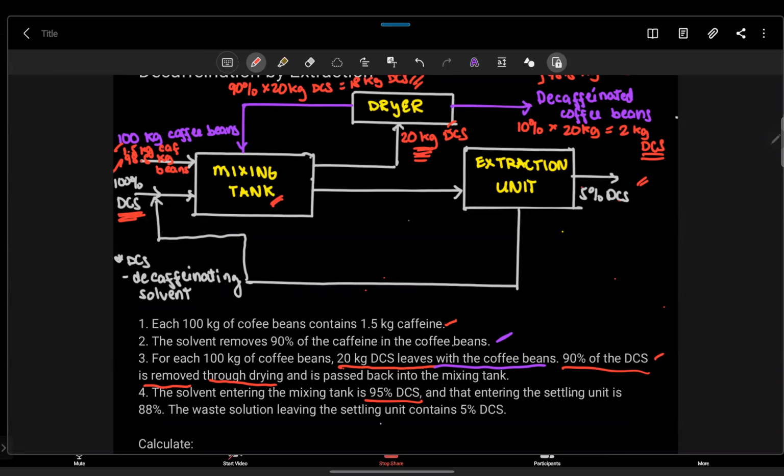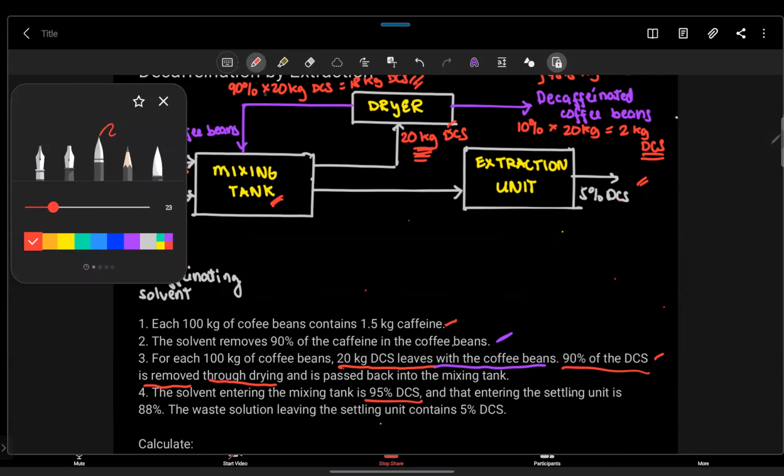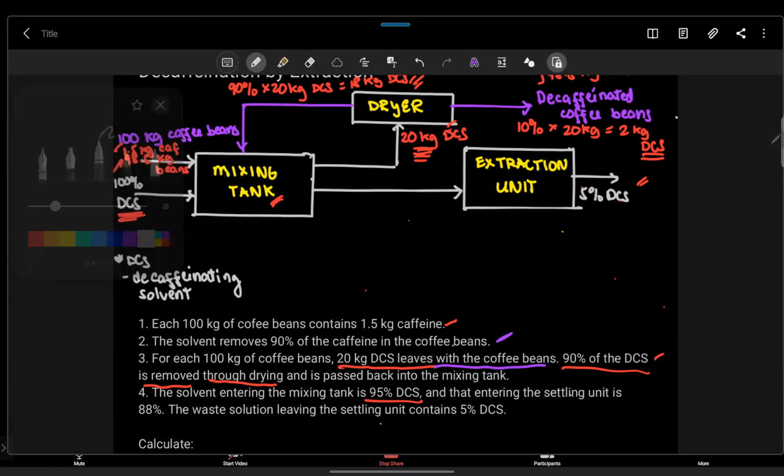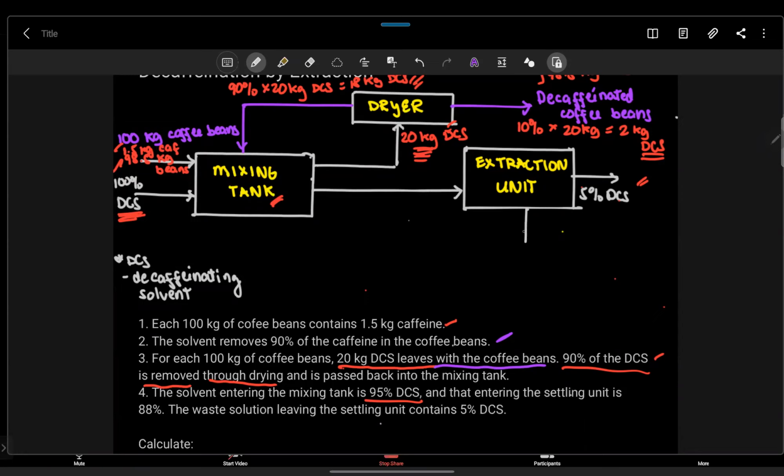So, let me just kind of correct this diagram or rewrite lang para mas maayos siya. Yung recycle stream natin na hindi natin alam kung ano yung kanyang composition and yung amount, it recycles back mixing with the fresh feed.